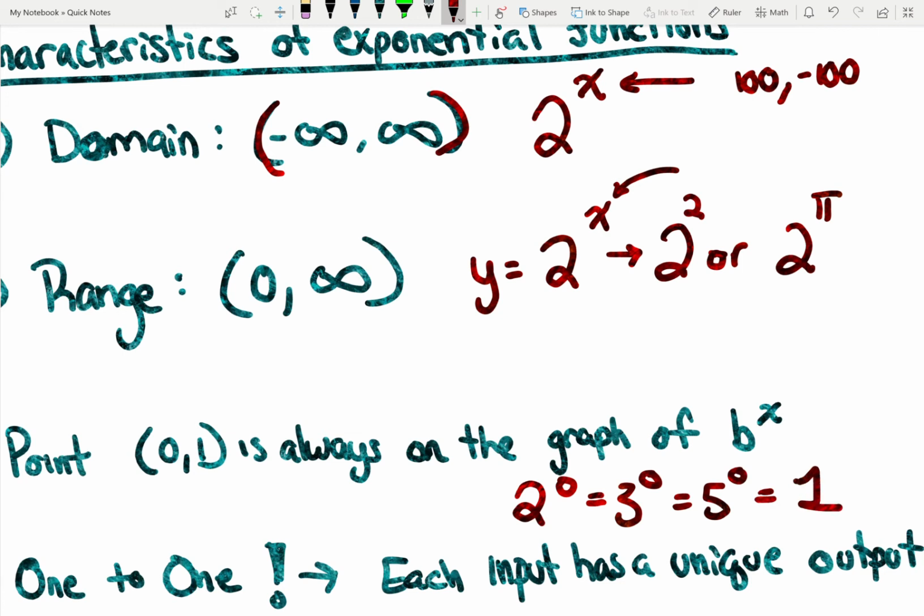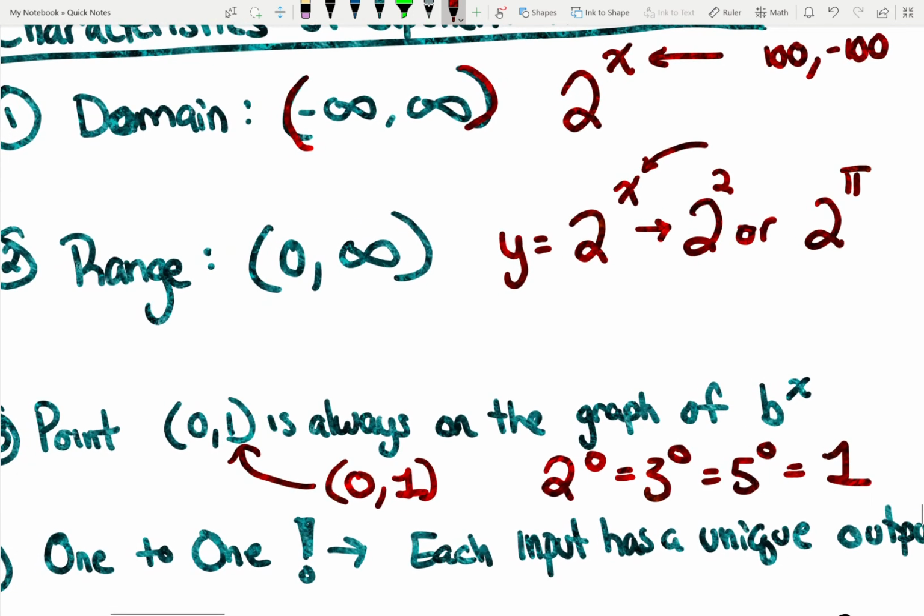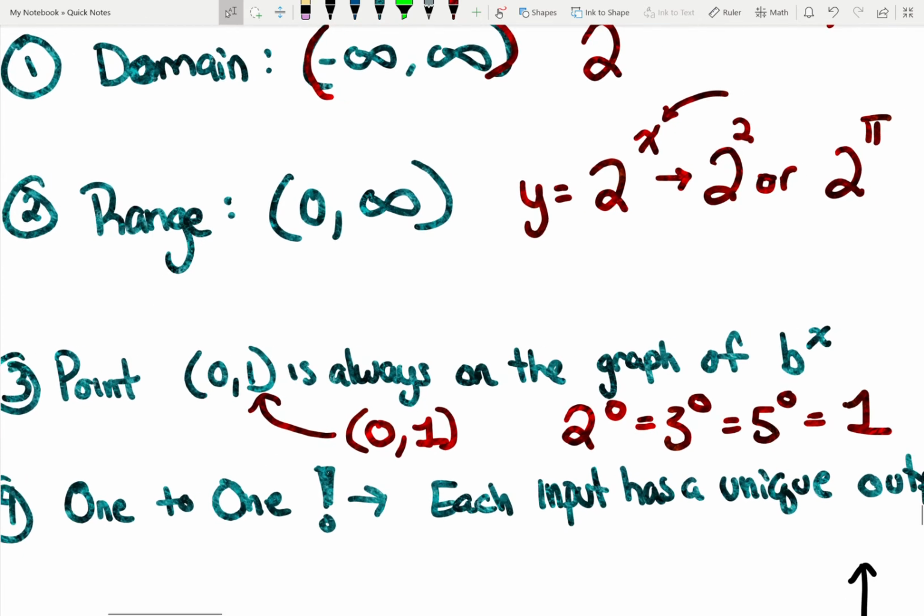That means if I plug in 0 for x, I'm going to get 1 for y. So this point is always on our graph. And here's the last one, and it's probably the most important out of all of them, which is my function is 1 to 1.